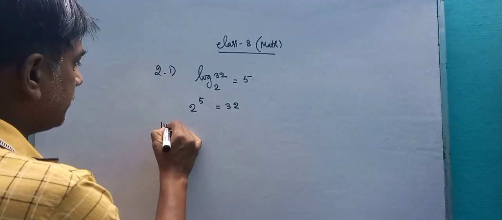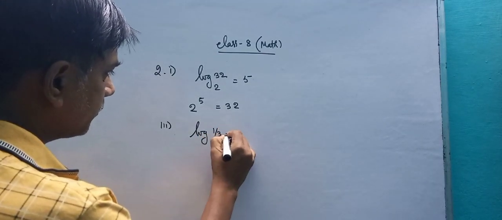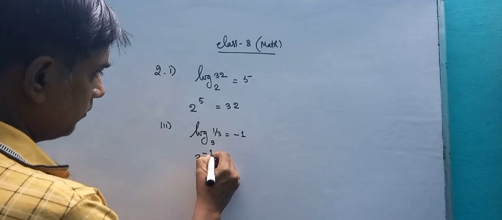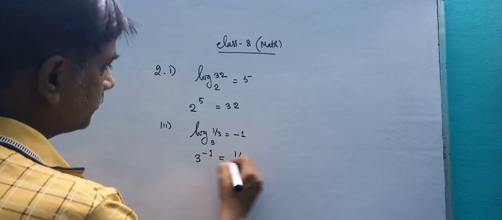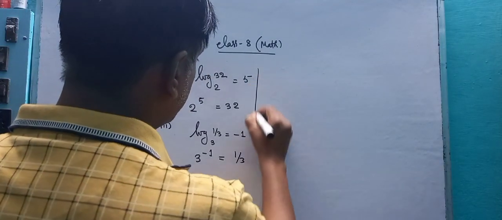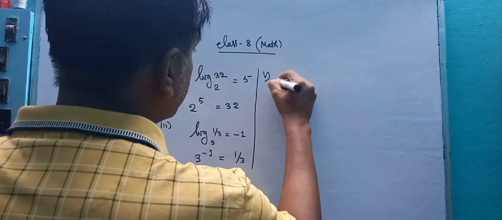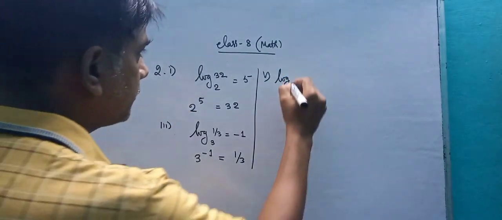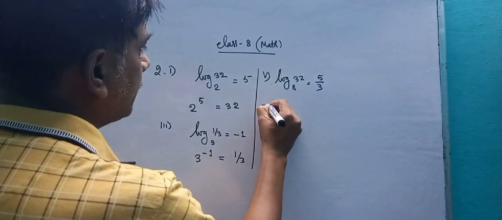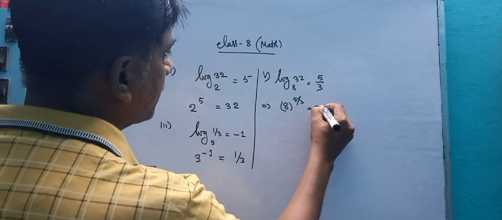And suppose question number 3, clear? Another one: you are able to write 8 to the power 5 by 3, that value is 32.